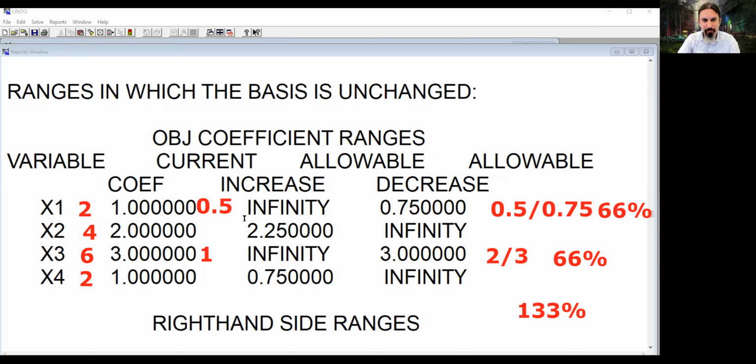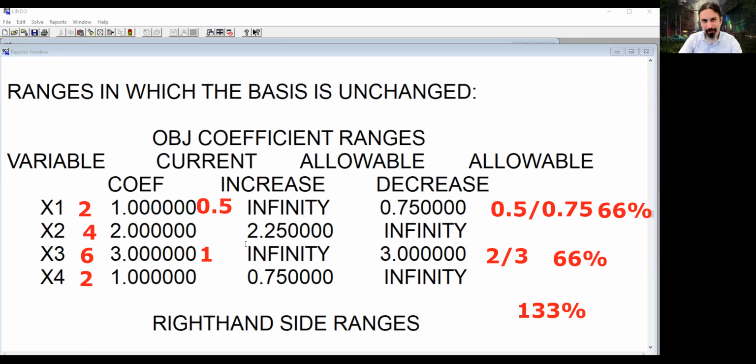Can you say anything? Any idea? Not optimal. Why not? Because the X4 exceeds the limits, the 0.75 limit. X4 was not in the solution, right? Yes.